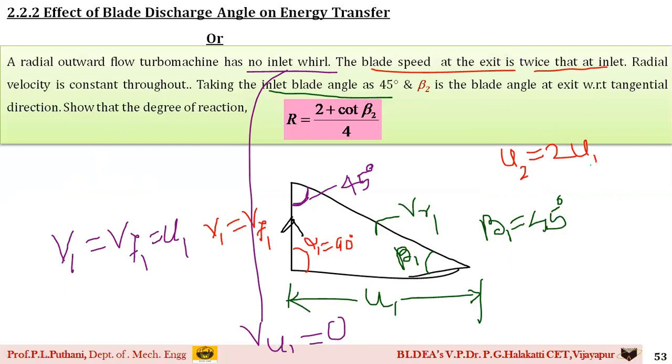Then the next thing he has said is the radial velocity is constant throughout, which means the radial velocity is nothing but vf1, which is equal to vf2 for both inlet and outlet, and it is equal to vf. So with these things, we need to find out the value of this particular derivation, that is r is equal to 2 plus cot beta 2 by 4.